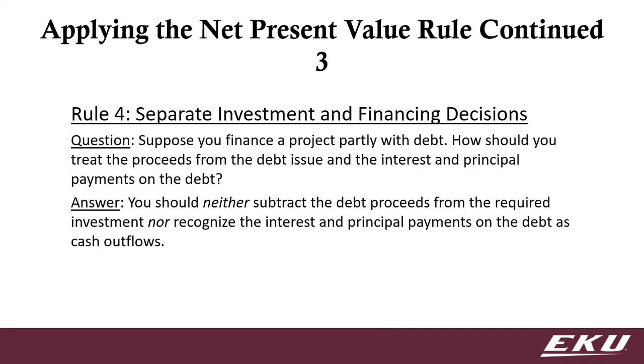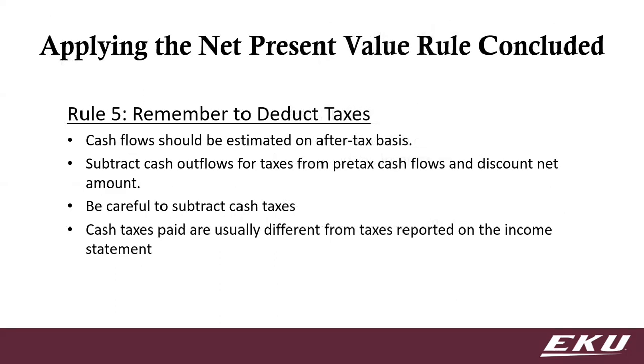All right, and then rule 4, right? We want to separate investment decisions and financing decisions. And then the fifth rule is, we have to remember our taxes, right?